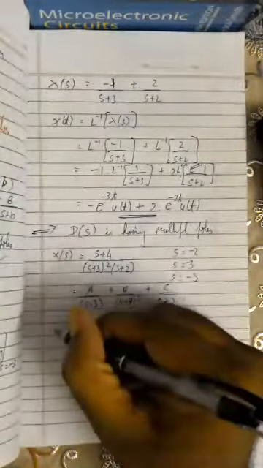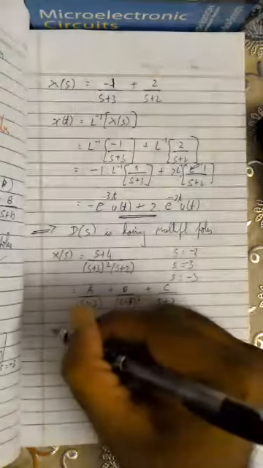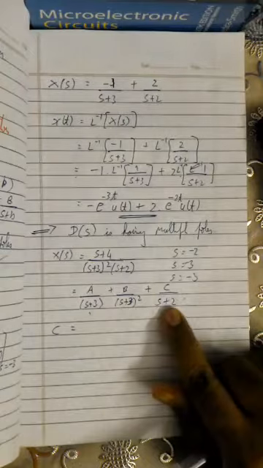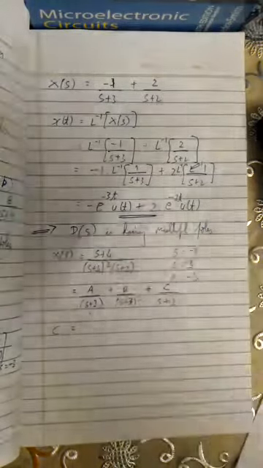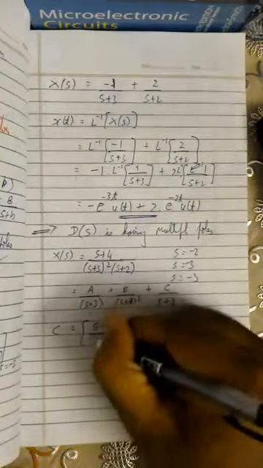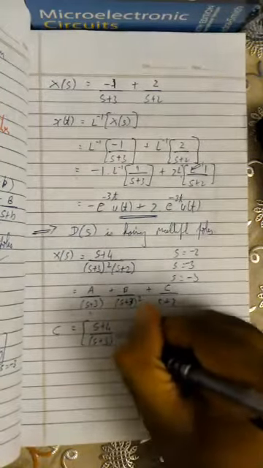I will start with C. I want to find the value of C. Here the factor is s plus 2, so simply remove s plus 2 from the denominator. What remains is s plus 4 by s plus 3 the whole square.